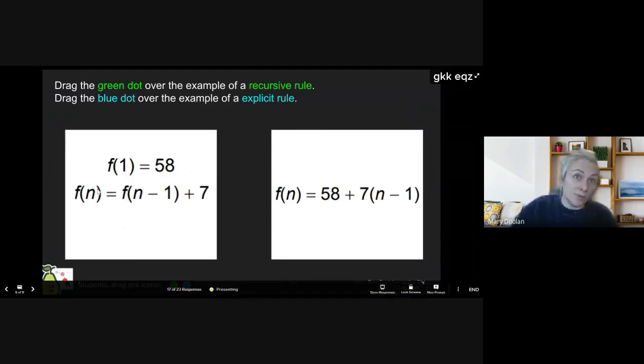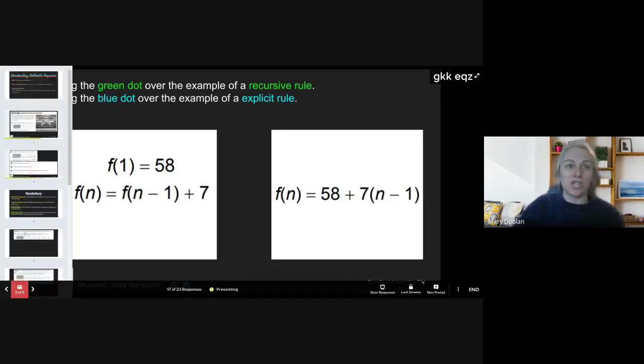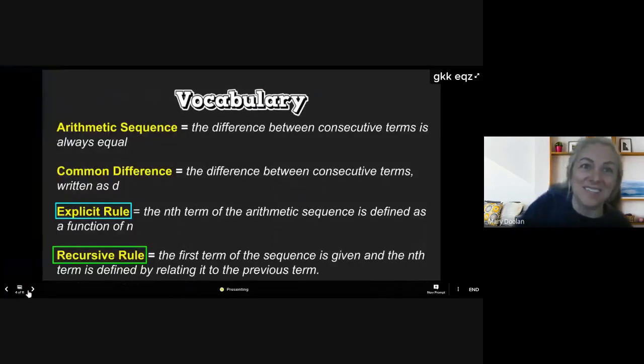And if you look, this one has f of n, this one has f of n, this one has f of 1. There's only one of these types that has an f of 1 in it, that we have to have f of 1.